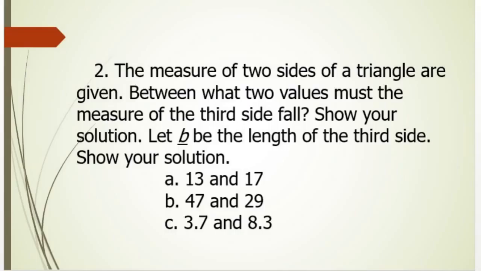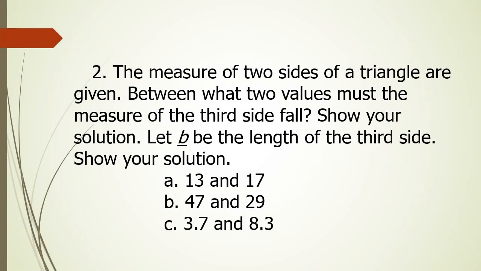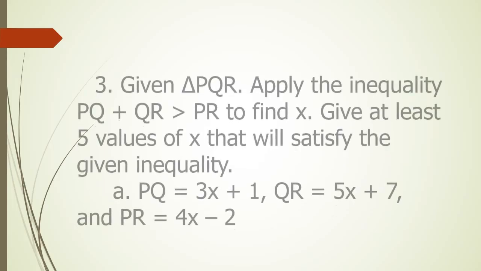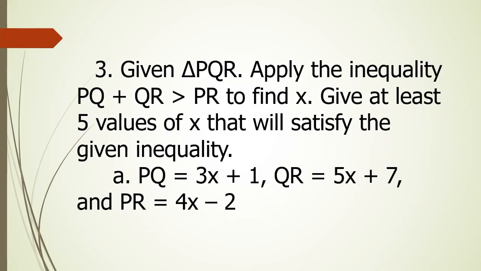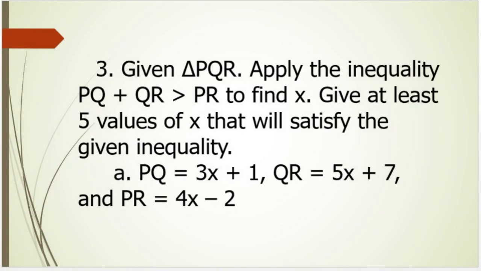Let B be the length of the third side. A, B, and C. Number 3. Given triangle PQR, apply the inequality PQ plus QR is greater than PR to find x. Give at least 5 values of x that will satisfy the given inequality. A. PQ is equal to 3x plus 1, QR is equal to 5x plus 7, and PR is equal to 4x minus 2.